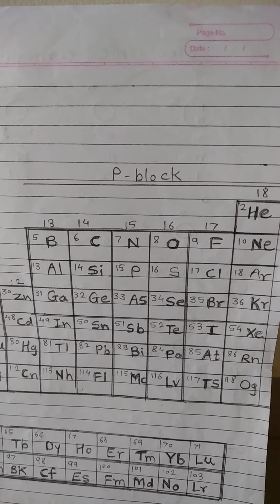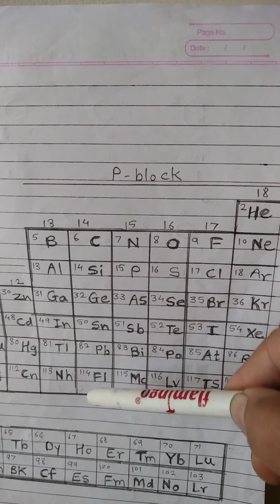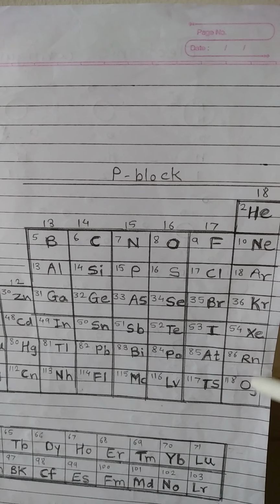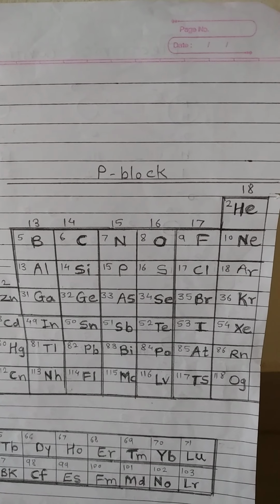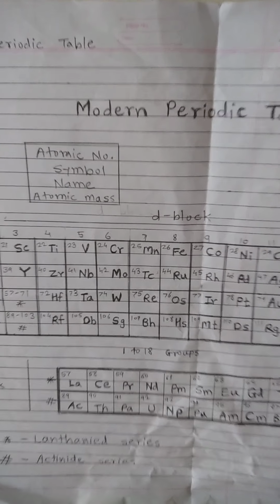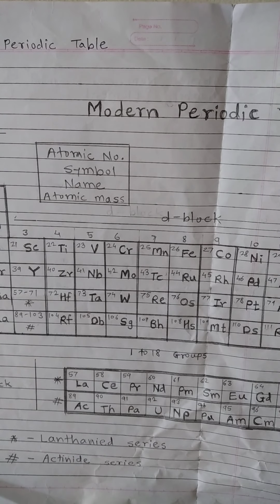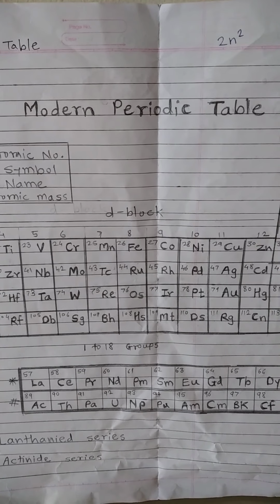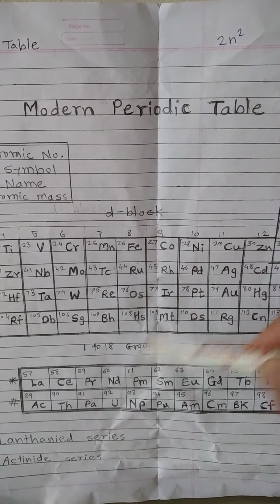Look here. Groups 13 to 18 contain the P block. Then groups 3 to 12 constitute the D block. Look at this figure. Groups 3 to 12 contain the D block.